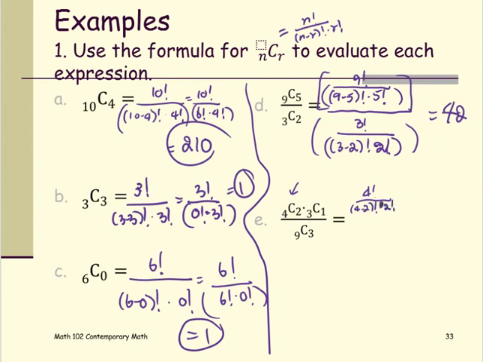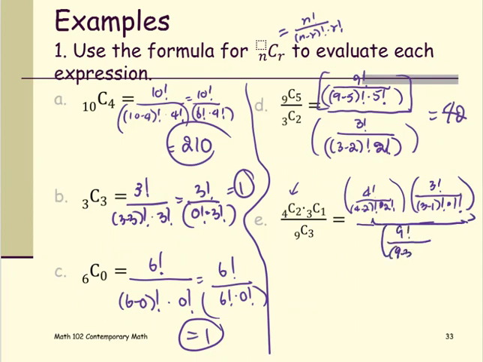Just multiply one of them, and the other one would be 3 factorial over 3 minus 1 factorial times 1 factorial. Close it. And all divided by the quantity 9 factorial over 9 minus 3 factorial times 3 factorial. Too complicated, so we just use the calculator to work on this for us. Make sure we type everything in the right order.